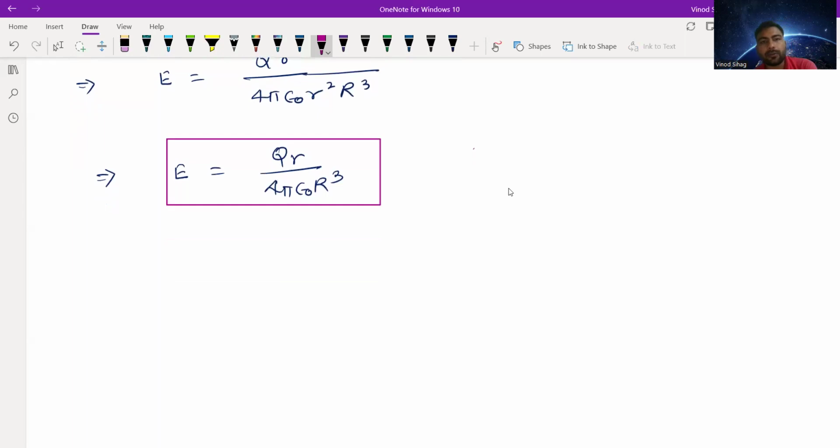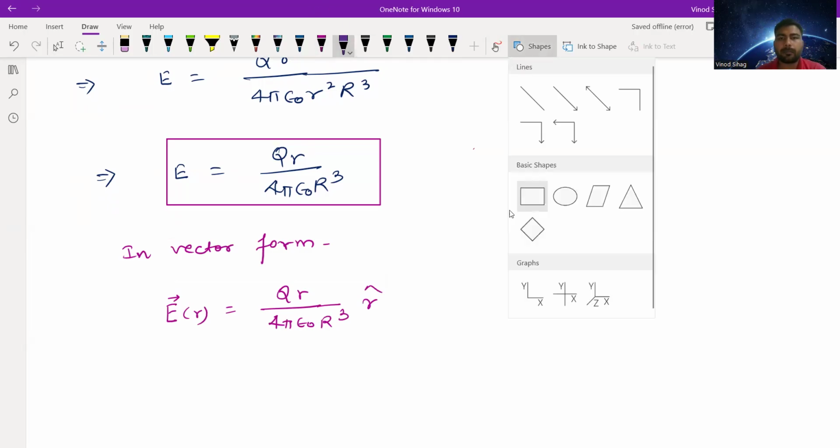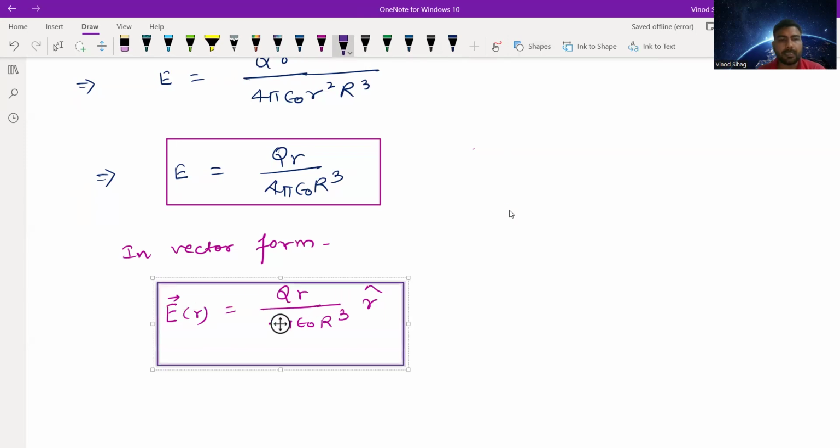Or in the vector form, if you want to write, E vector equals Q into r upon 4 pi epsilon naught R cube into r cap. So this will be the electric field due to a solid sphere at a point inside the solid sphere.